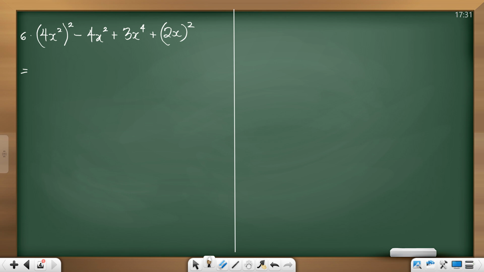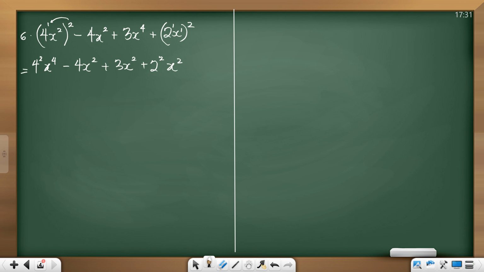Let's simplify. Remember, there's an invisible one there, and we multiply that. So that is 4 to the power 2, x to the power 4, minus 4x squared. Don't forget, there's a 1 there. So 1 times 2 would give us 2.